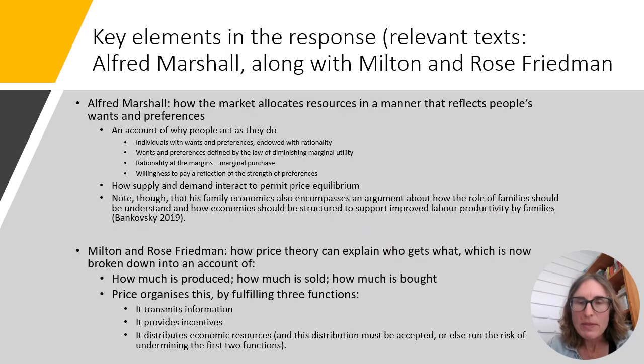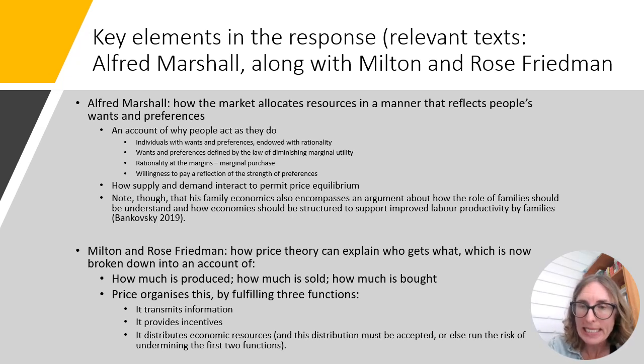So key elements of this response, and you're asked to read these texts today in the Stilwell and Argyris reader that's selected the readings for this week, we find in the work of Alfred Marshall and Milton and Rose Friedman. So Alfred Marshall: our first element is to explain how the market allocates resources in a manner that reflects people's wants and preferences, an account of why people act as they do.